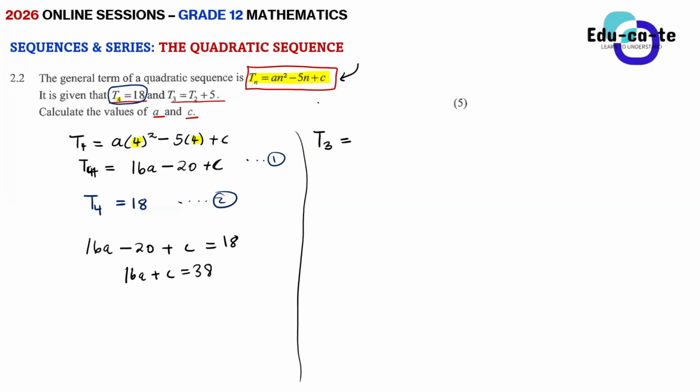Where there is n, Sam substituted 3, to find term 3. So this is a times position 3 squared minus 5 times position 3 plus c. What is the value of term 3? 9a minus 15 plus c. All right.